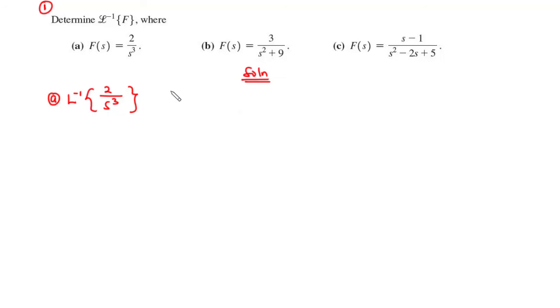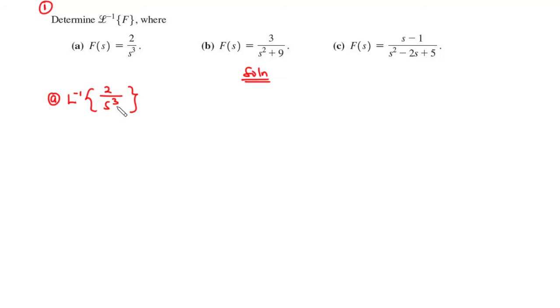Now since we are privileged to have the Laplace transform table with us, let's go back to the table to refer. So we want to find the inverse Laplace transform of 2 over s cubed. So we should be looking out for the transform which has its denominator s to the power of a value which is more than 1.